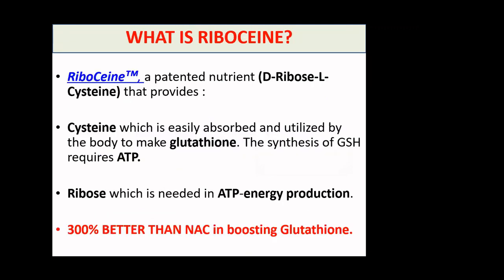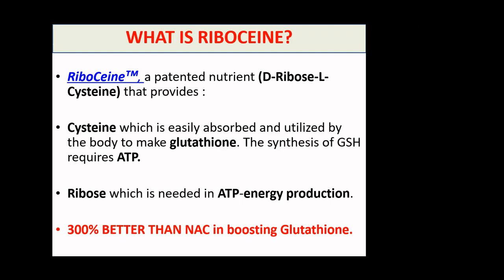So what is ribosine? Ribosine is a patented nutrient from the research of Max International. It is actually made of D-ribose, a simple sugar, and L-cysteine, a natural amino acid. So the full molecule is D-ribose-L-cysteine, shortened to ribocysteine, and trademarked as ribosine.